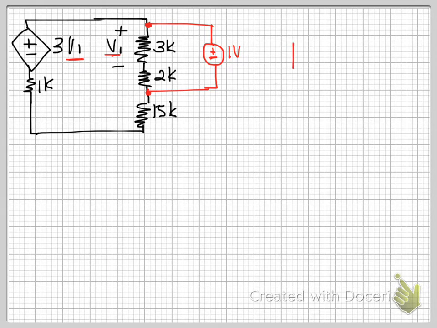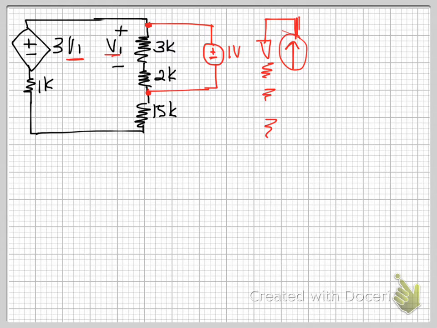But if you had decided to use a current source, it would be a little bit more difficult, because the current is flowing through here, through the resistor, like that.